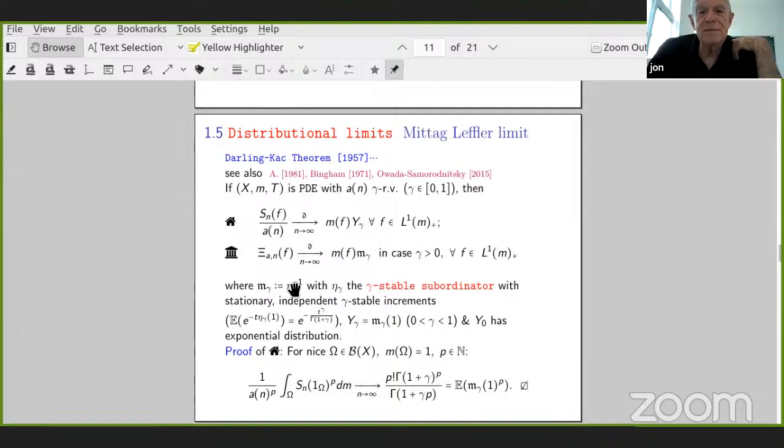If you look at the stable subordinator with stationary independent gamma-stable increments, the Laplace transform is e to the minus constant times t to the gamma. And Y_gamma is going to be Mittag-Leffler of order gamma, and Mittag-Leffler is the inverse of the stable subordinator.